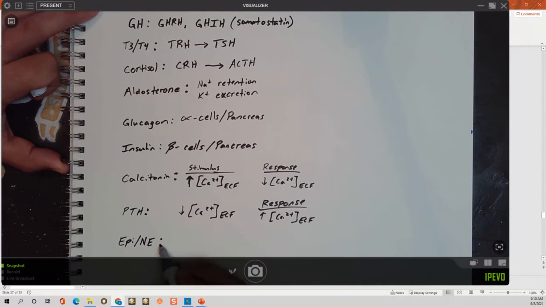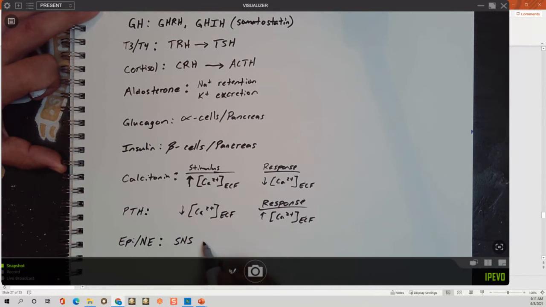So norepinephrine and epinephrine are secreted by chromaffin cells found inside of the adrenal medulla, and they're all part of a sympathetic nervous system response. So this is the sympathetic nervous system, you've got to know that. This is an emergency response, and an emergency response only, fight or flight.